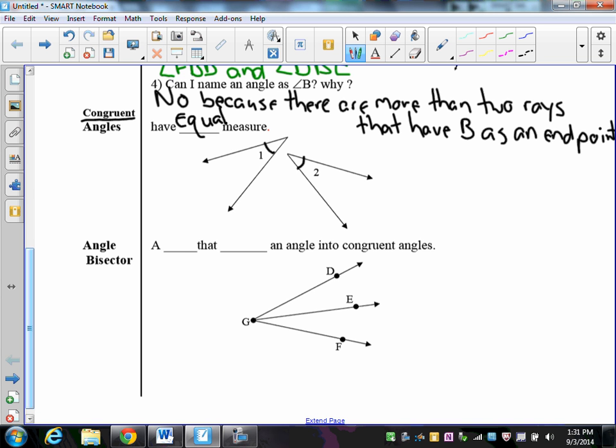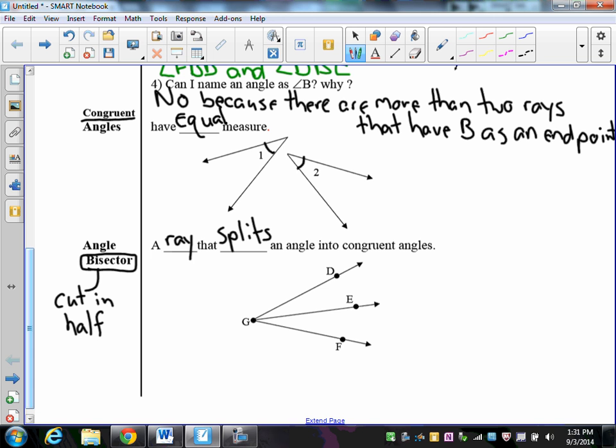So now that we know what congruent angles are, we can say what an angle bisector is. To bisect means to cut in half. So an angle bisector is a ray that splits or cuts an angle into congruent angles.